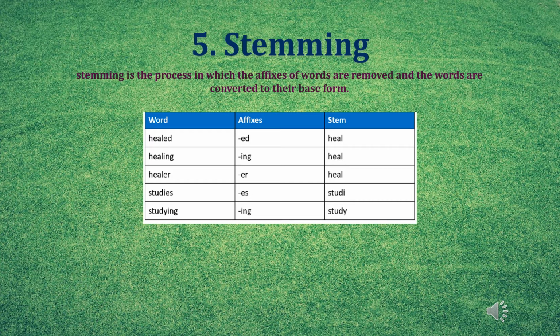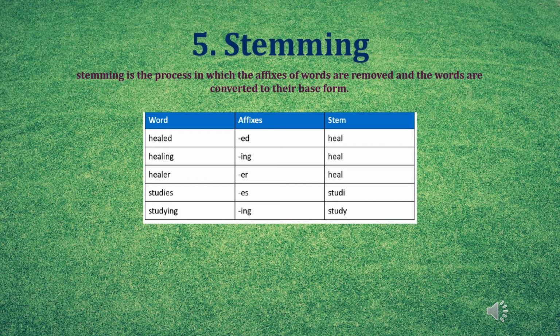Like that, healing. The stem word is heal. Healer, affix is er, and we got heal as a stem word. Studies, the affix is es, and we got the stem word as studi. Studying, affix is ing, and we got the stem word as study. Note that the stem words which we get after removing the affixes might not be meaningful.